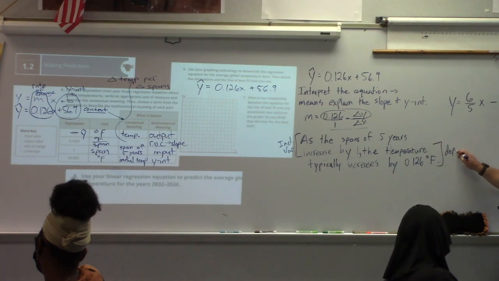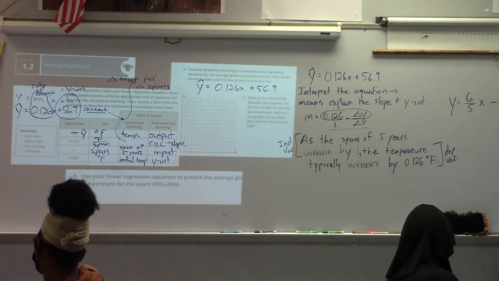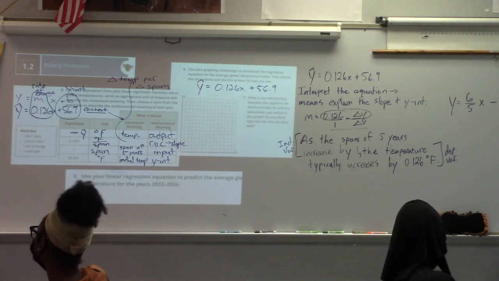So you always start with that independent variable, you end with the dependent variable. And that's my slope. It's a rate of change, and so I'm talking about how things change.